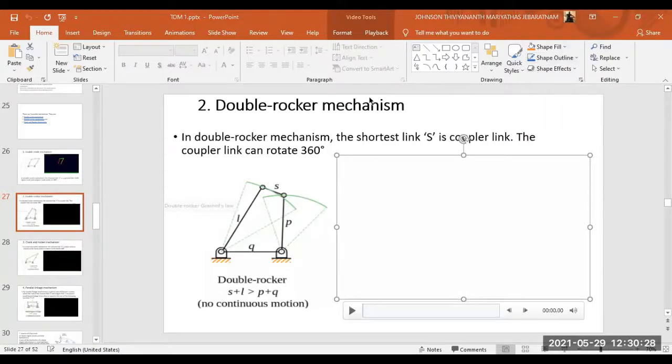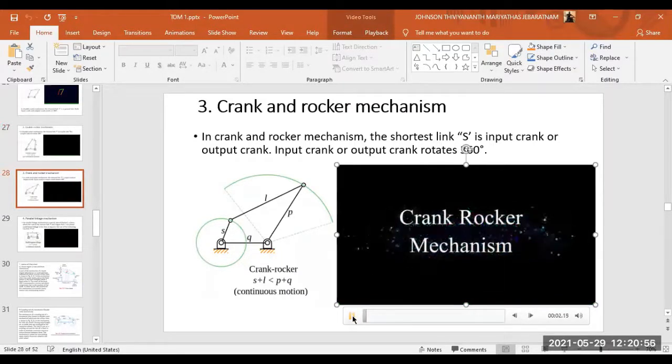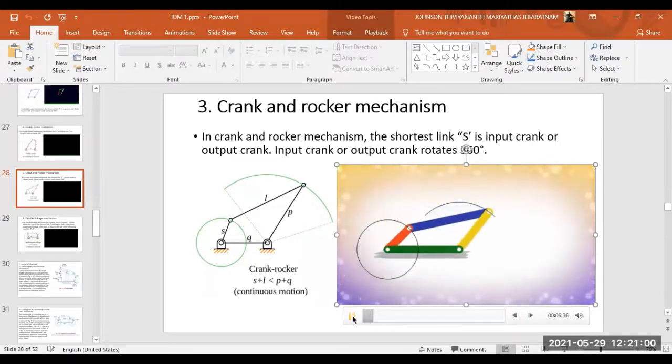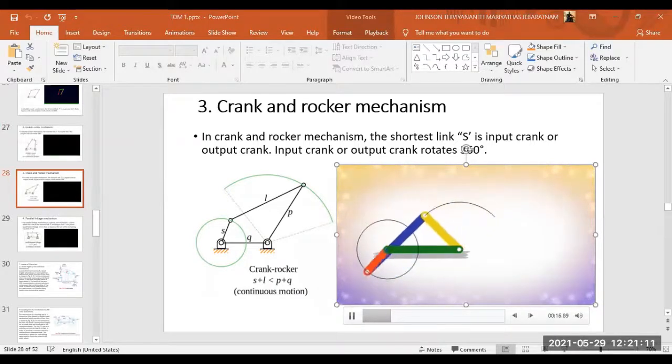Okay, right? Then we have the crank and rocker mechanism. So this one you have already seen. For that one, the shortest link will make the complete rotation, right? Crank and rocker, the shortest link will make the rotation.